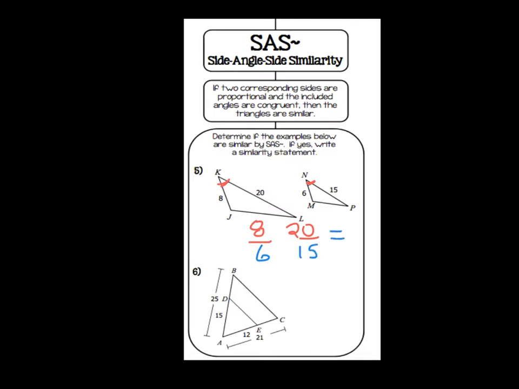Okay, these both reduce to 4/3, so they have the same scale factor. So definitely they are similar. We can come off to the side and write our similarity statement, and the statement would read that triangle JKL is similar to triangle MNP.